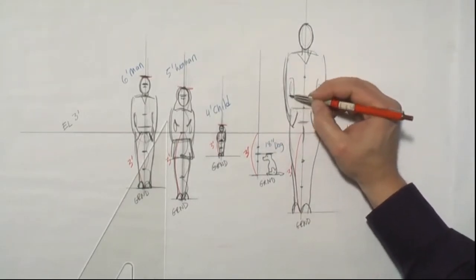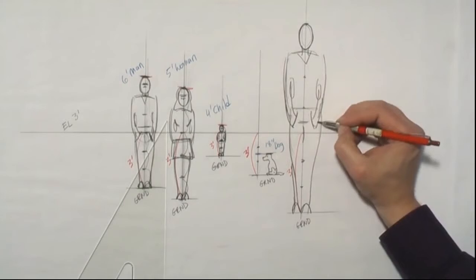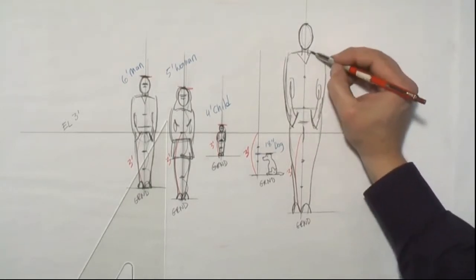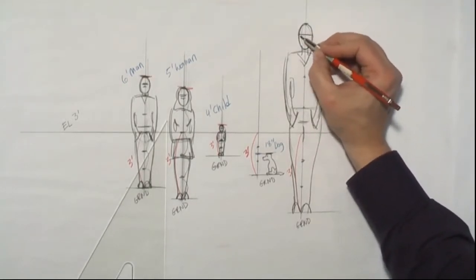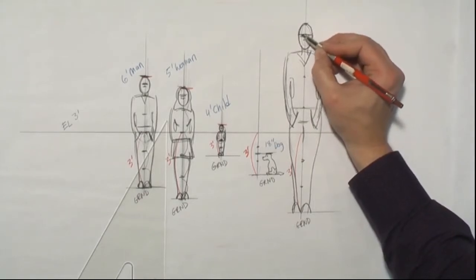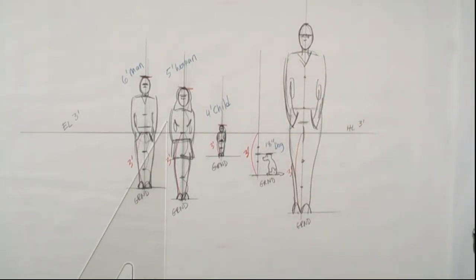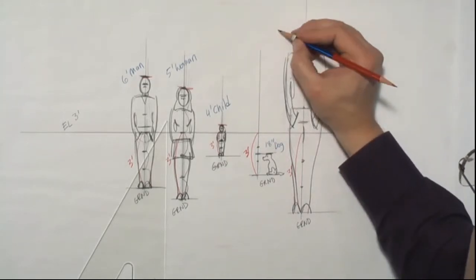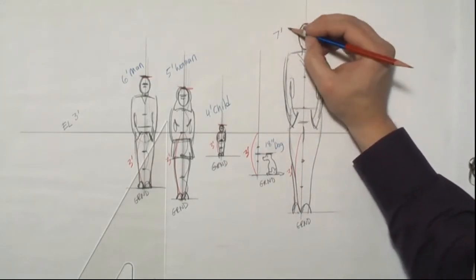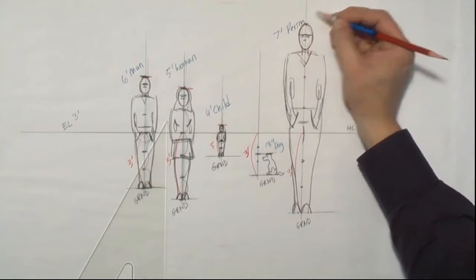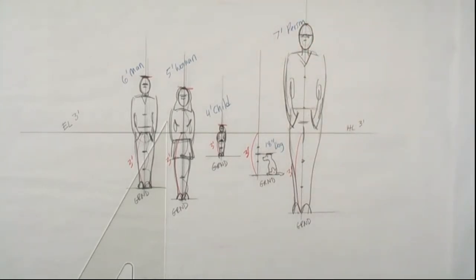Okay, so that is a 7-foot person that is standing further forward than anybody.